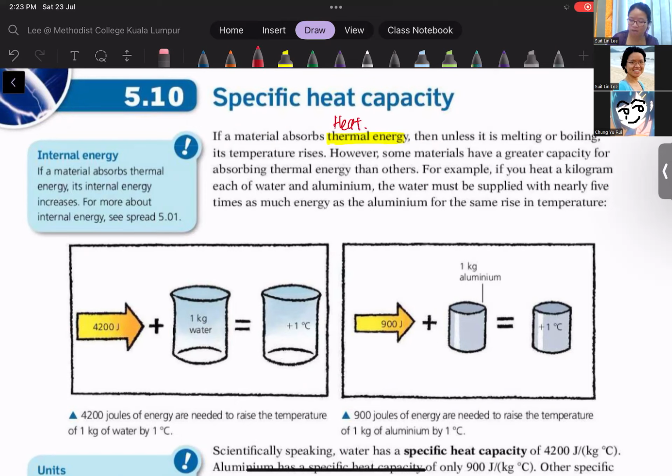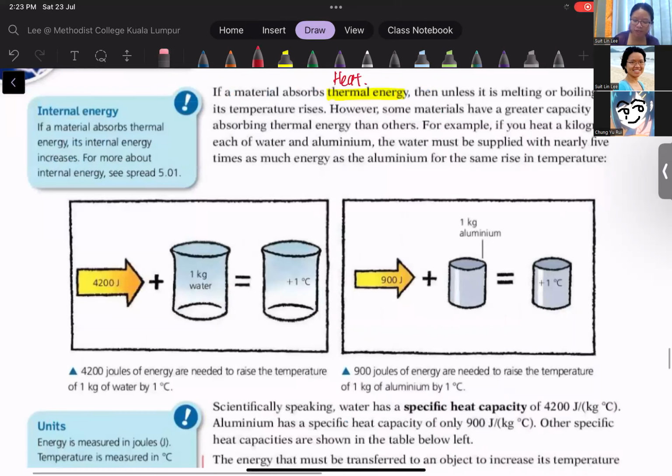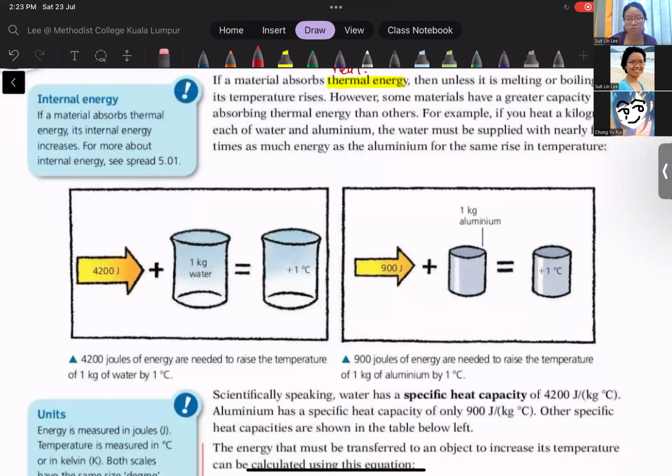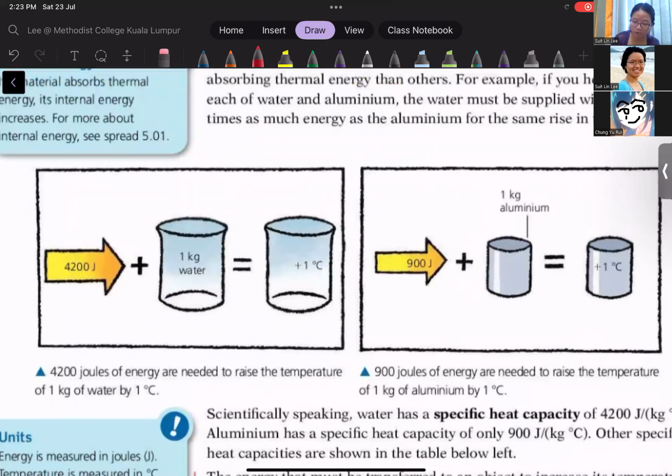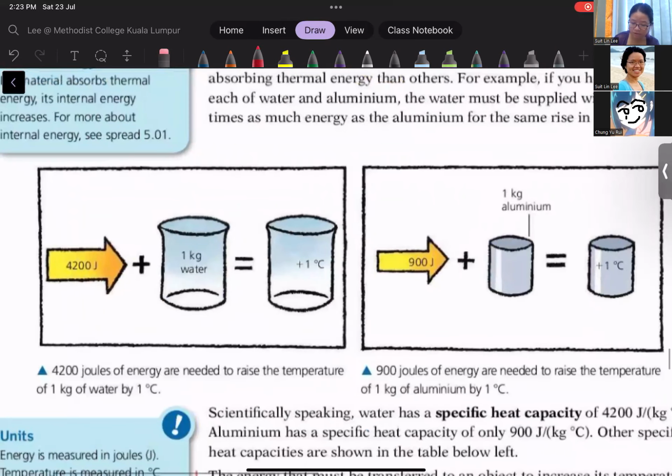Let's say we compare two substances: 1 kg of water and 1 kg of aluminium, and I want to increase the temperature by 1 degree Celsius. So I add heat to 1 kg of water, and the increase in temperature is 1 degree Celsius. For water, I actually need more heat.